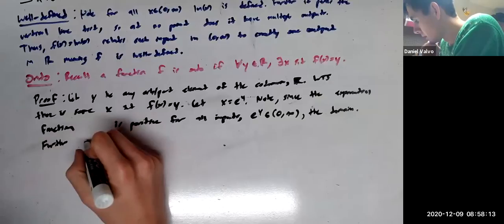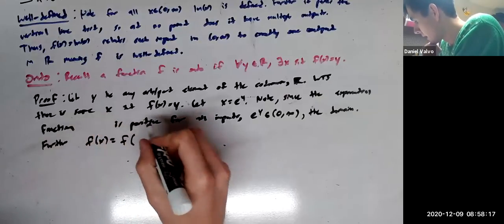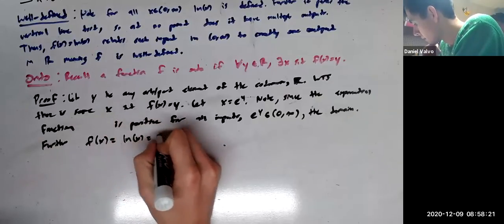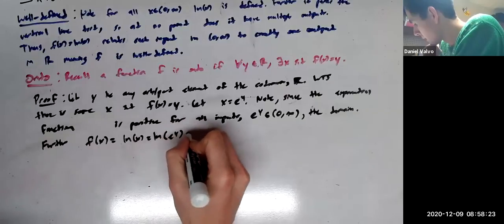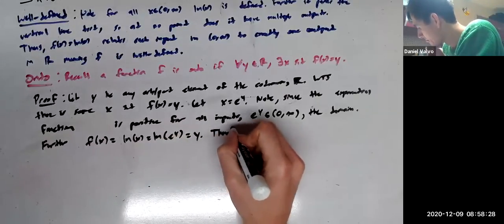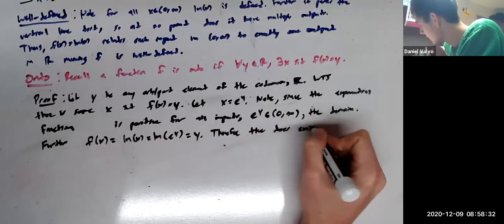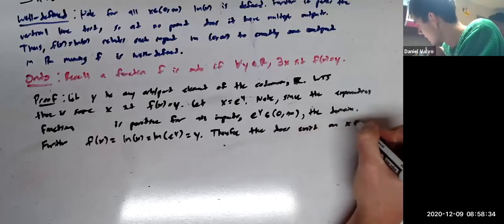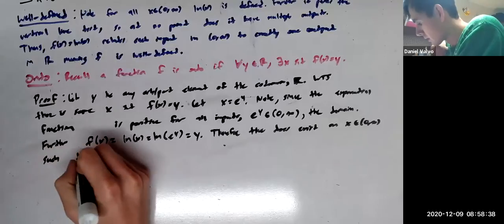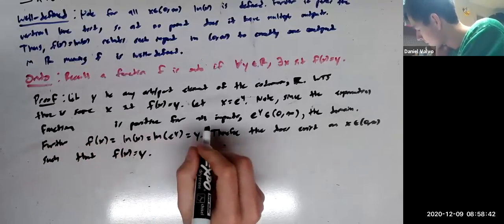Further, f of x, which equals ln of x, which equals ln of e to the y, is going to equal y. Therefore, there does exist an x in 0 to infinity such that f of x equals y.